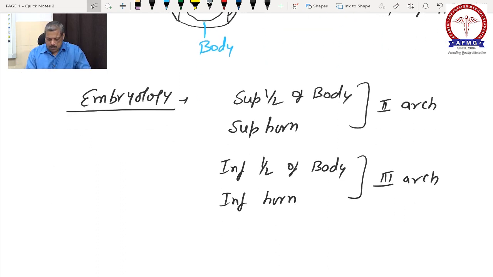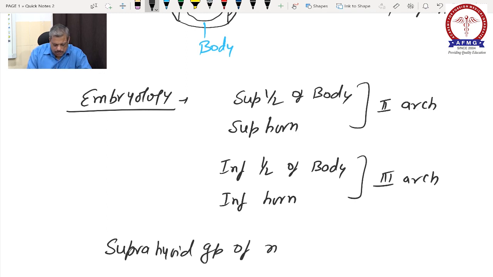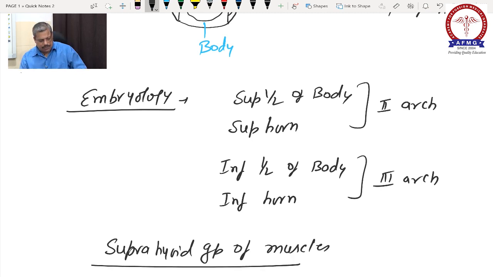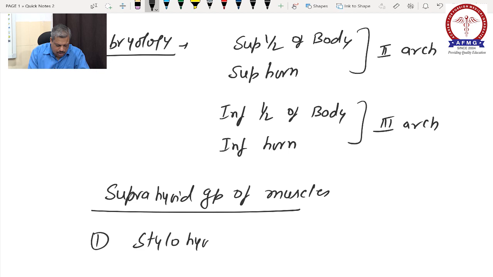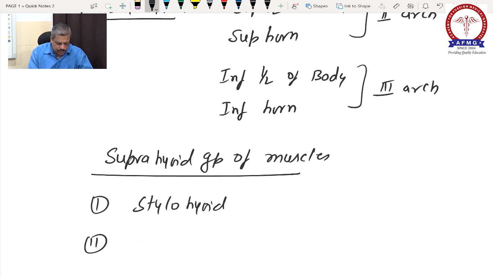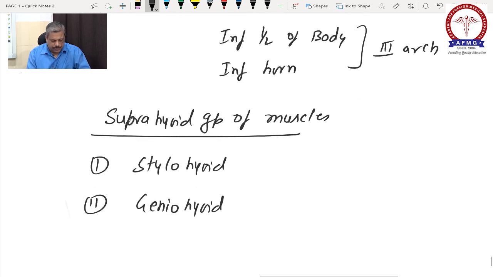Now, the hyoid bone is kept in place by muscles, which are divided into two groups. First is the suprahyoid group of muscles, the muscles which are present above the hyoid bone. What are their names? First is the stylohyoid muscle. Number 2 is the geniohyoid muscle.